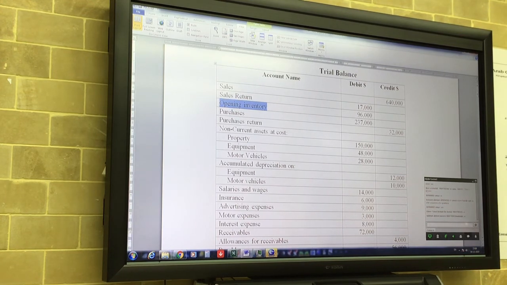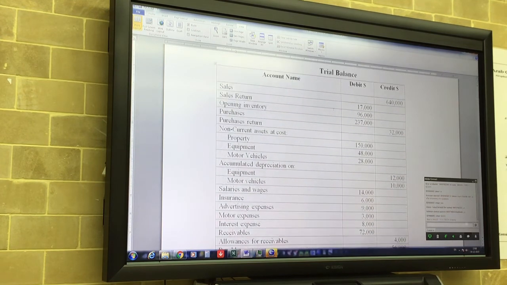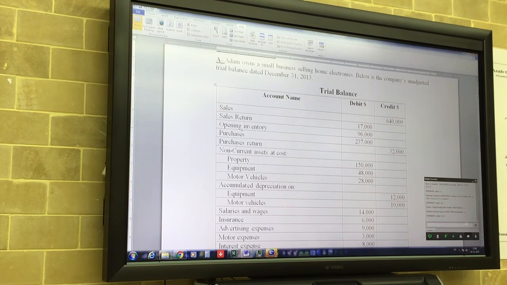So beginning inventory, how much do we have? 96. And ending inventory, how much? 65. So ending inventory you get from the additional information, and beginning or opening inventory from the trial balance.